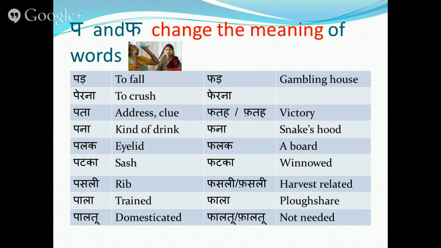Pana is a kind of drink, whereas pana is the hood of a snake. Fana. Palak is an eyelid, whereas palak is a board. Patka is a sash, whereas patka is something that has been winnowed.